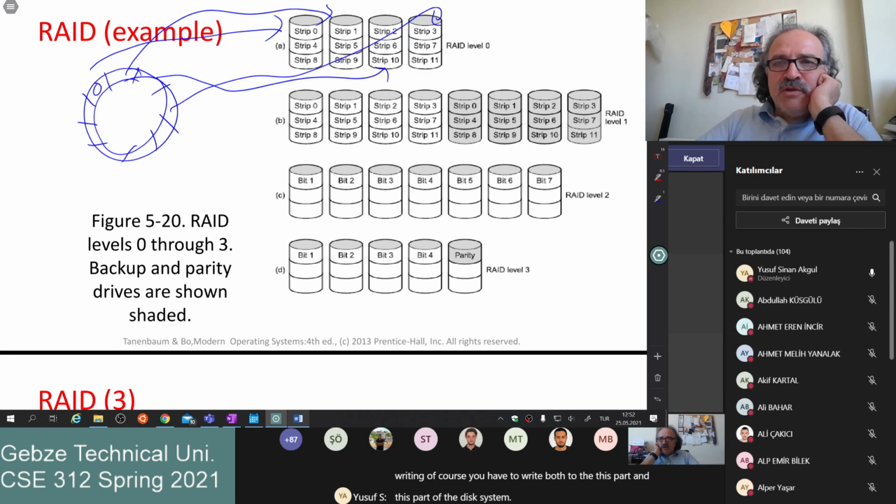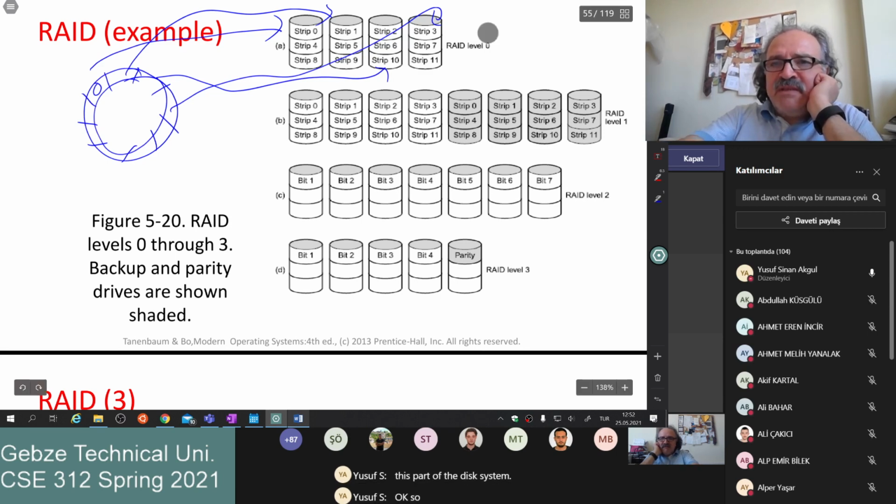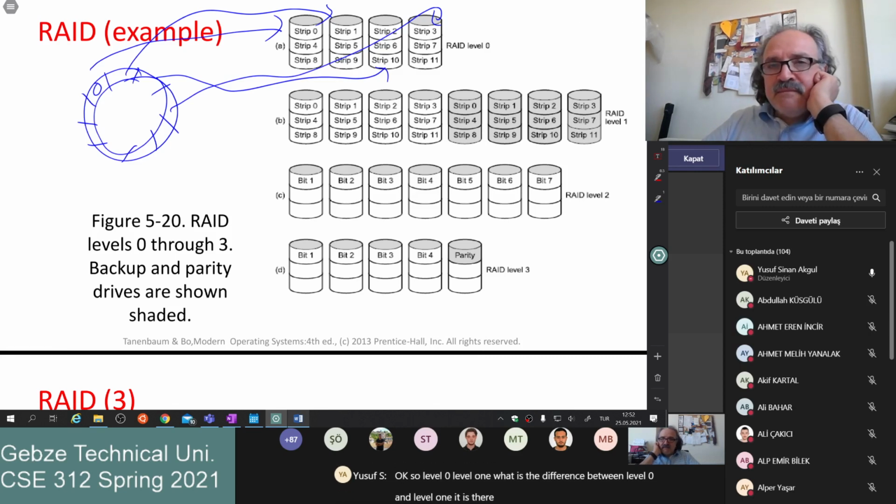Okay, so level 0, level 1. What is the difference between level 0 and level 1? It is the reliability, right? Do you think level 1 is faster to read than level 0?